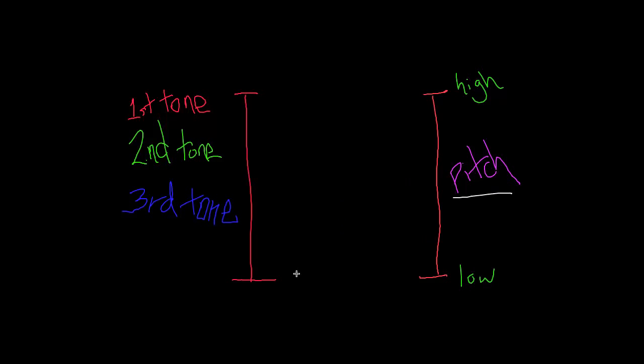Alright, let's move on to the third tone. Now the third tone is the tone that drops down low and then goes high. So it starts about here, it drops low, and then it moves up. Alright, so some examples with the third tone. Well, first, if I was to speak English in the third tone, it would sound like this.